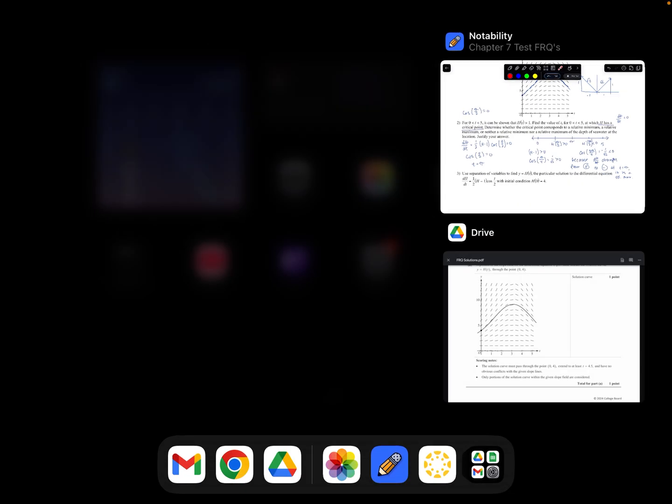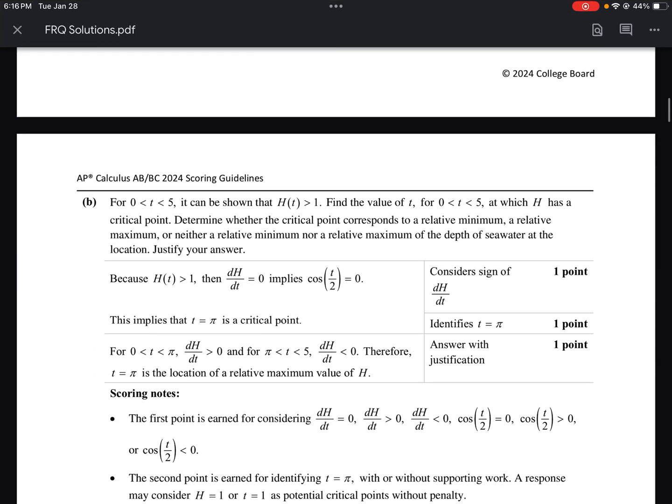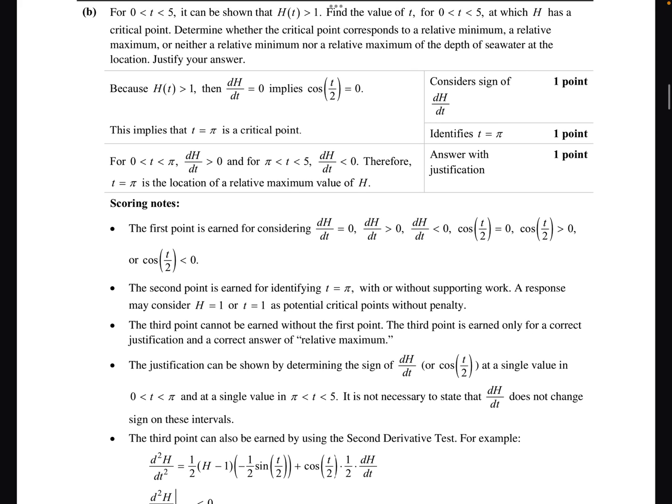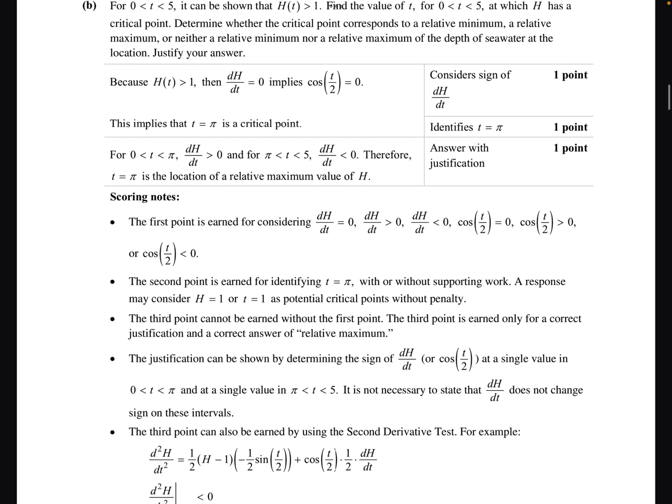Let's go ahead and read what we have for our point. So this is a 3-point question. So the first point, consider the sign of dh dt. So the first point is earned by considering dh dt equals 0, dh dt greater than 0, dh dt less than 0, cosine of t over 2 is equal to 0, cosine of t over 2 is greater than 0, or cosine of t over 2 is less than 0.